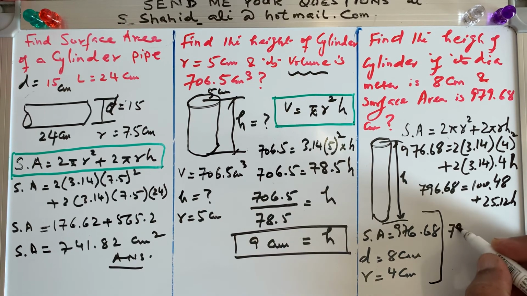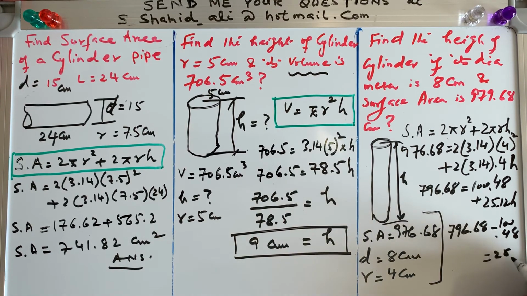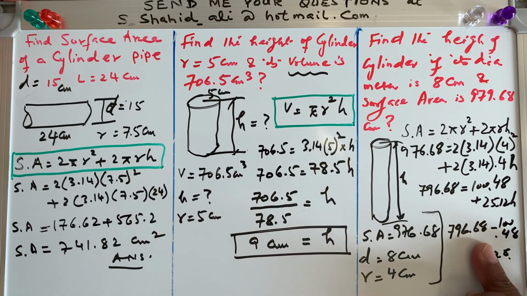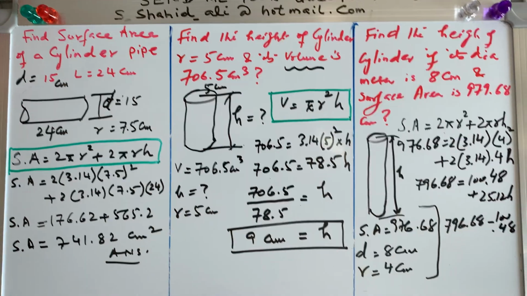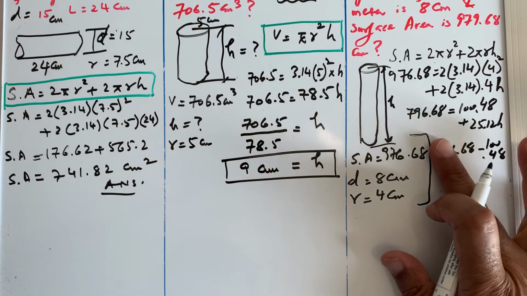So 796.68 minus 100.48 will be equal to 25.12 h, or I can rewrite it here on the bottom because there is lack of space. So I will write it here, right?